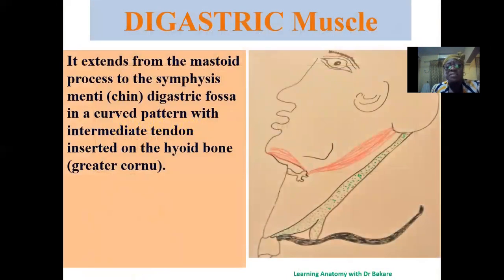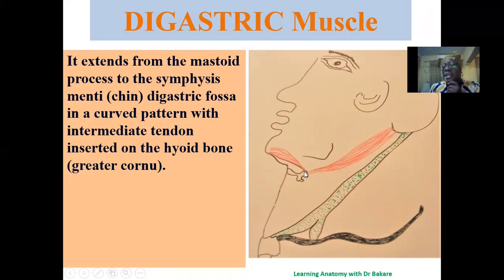The digastric muscle is a muscle that extends from the mastoid process of temporal bone to the symphysis menti of the mandible, which is the chin. It presents a form of curvature. So it runs from the mastoid, runs to be attached on the hyoid bone, which is on its greater cornu. From there, it now runs forward to be attached on the chin.